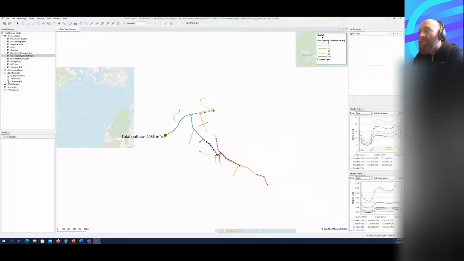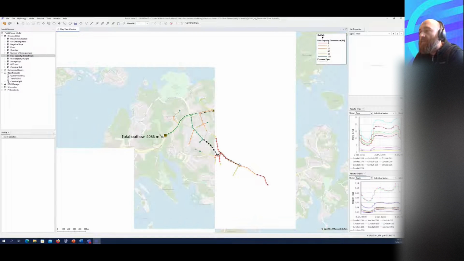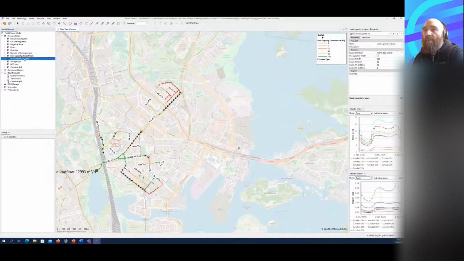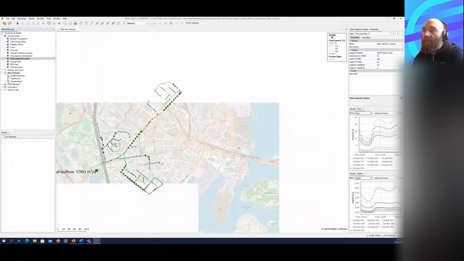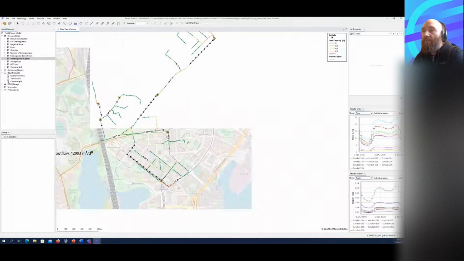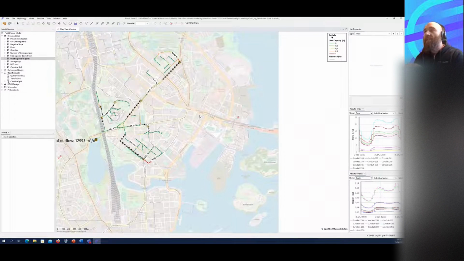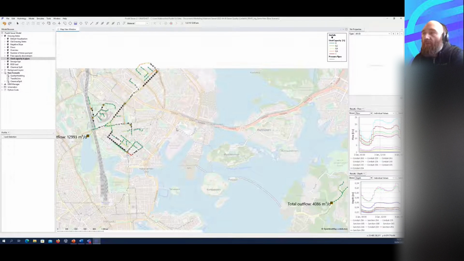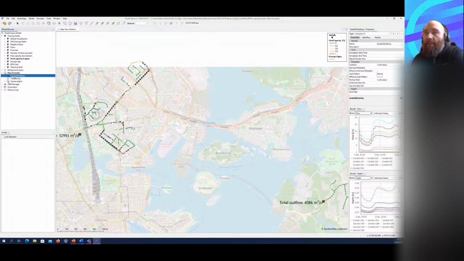What is the free capacity downstream from each conduit, and used capacity, how many percent until it's full. These are just these kind of basic features of the software. So next, I will show a few things about the quality modeling.